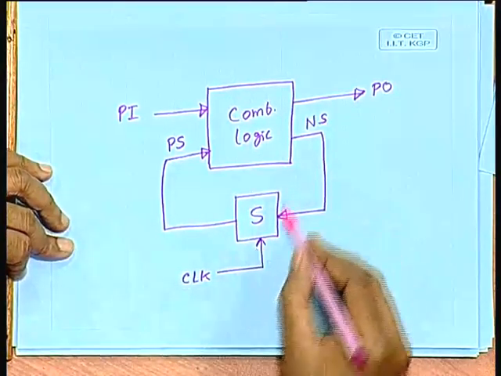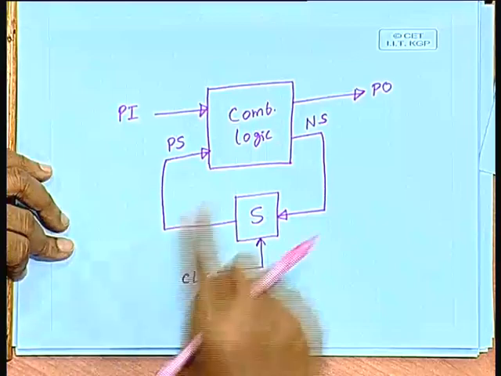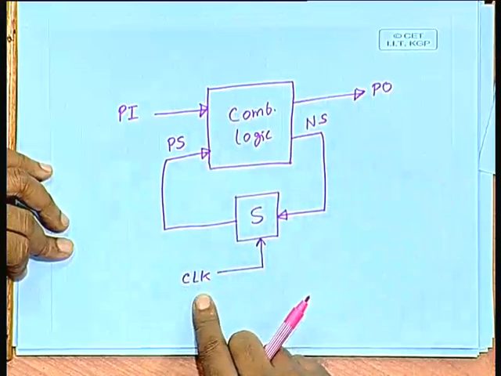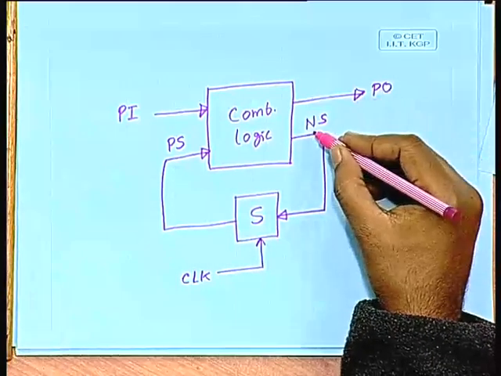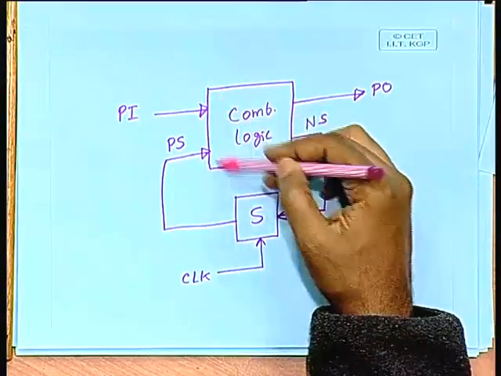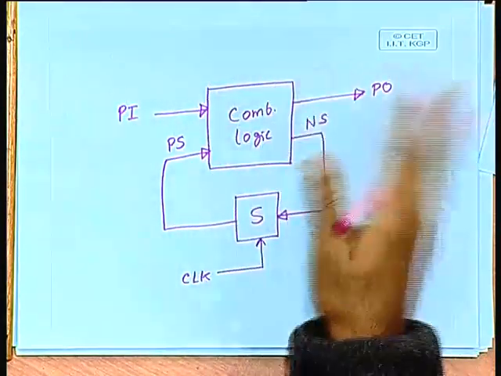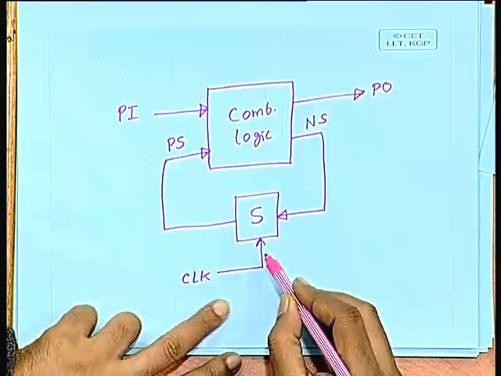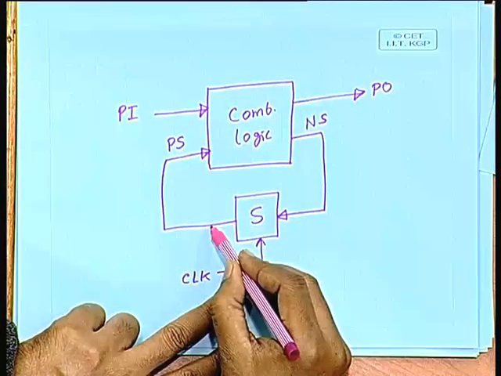Whenever there is a clock, next state gets transferred to present state. No other computation is clock driven. Computation of primary output, computation of next state, that is purely through combinational logic, that you can compute continuously, but whenever there is a clock pulse, this ns value will come to the output of S.